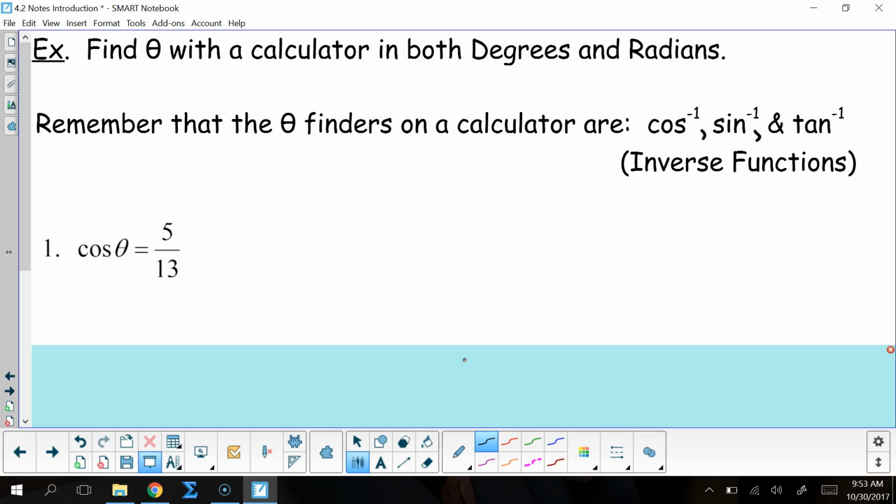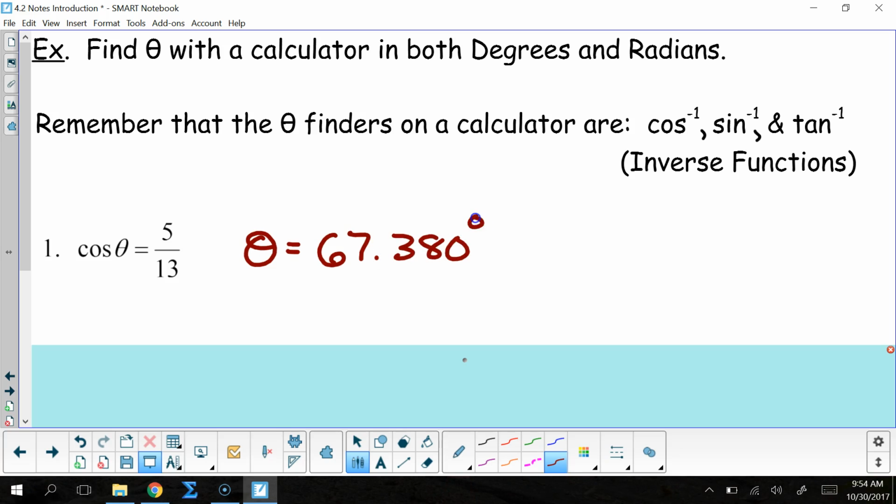So the inverse cosine of 5/13 gives me a degree measure here of 67.380 degrees.